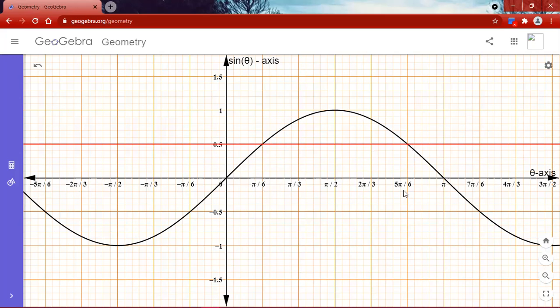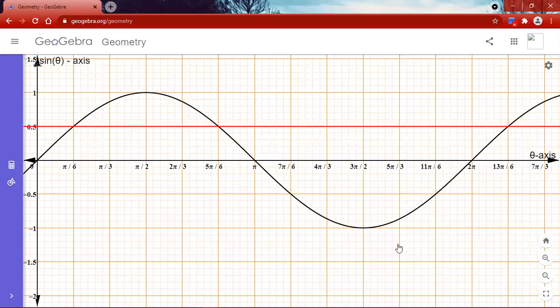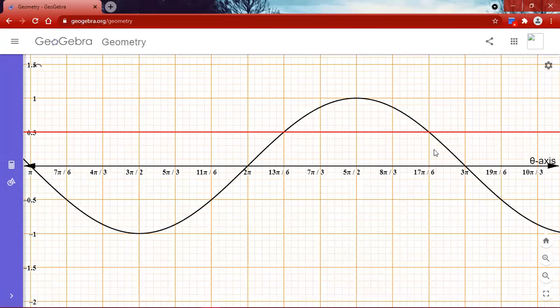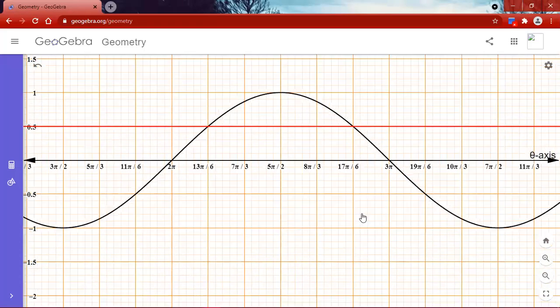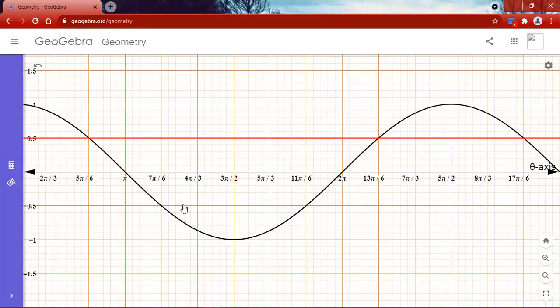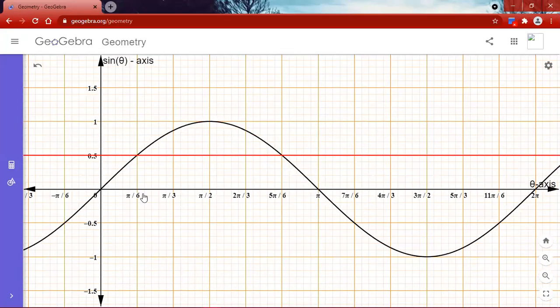I have 5 pi over 6 as a solution. Going over here, we have 13 pi over 6, 17 pi over 6, 25 pi over 6, and so on. That is to the right of 0.